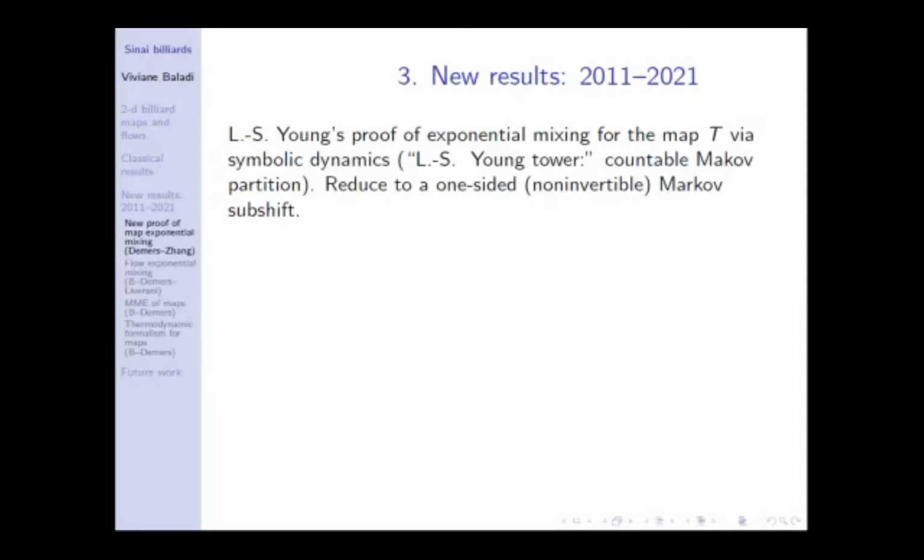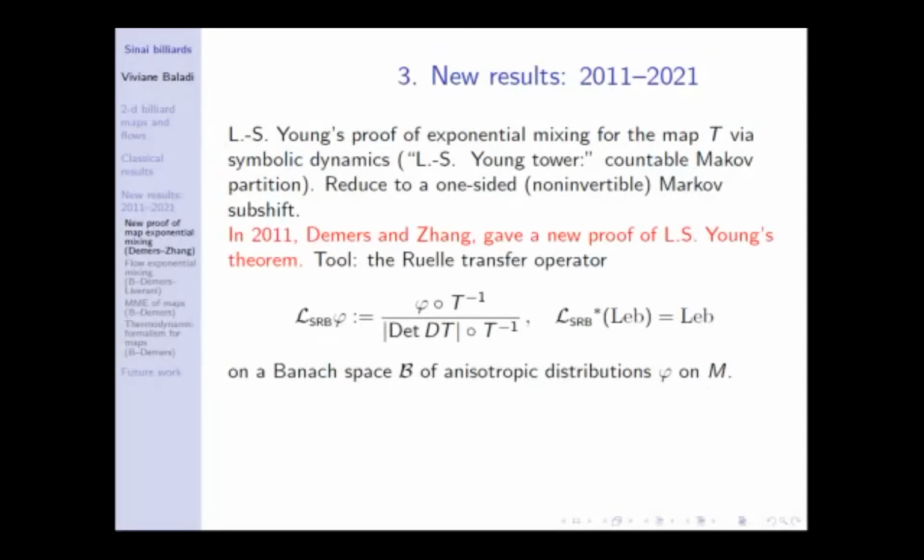And using this decomposition of the space, you define some symbolic system, which is called a Young tower, or I mean, there are other names. And then you reduce to some kind of subshift on countably many symbols. And then you get the results I mentioned.